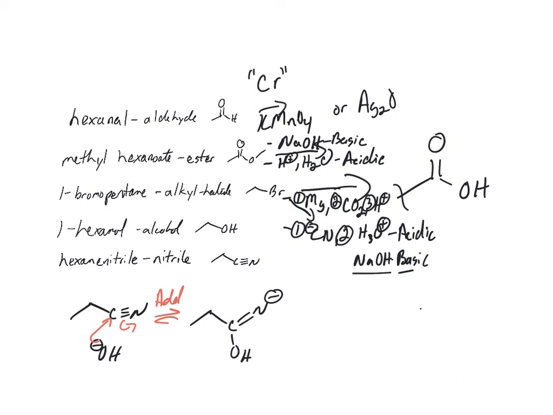We could do a proton transfer. There's usually some water floating around in these reactions. So we regenerate our OH minus. So it's a deprotonation. You can think of it as a proton transfer if you wanted to.